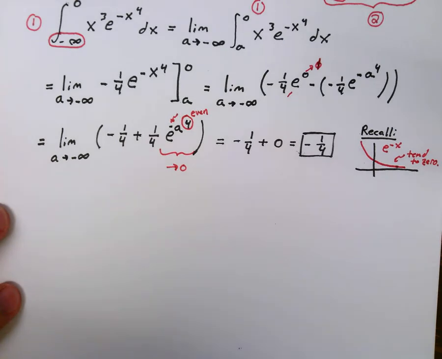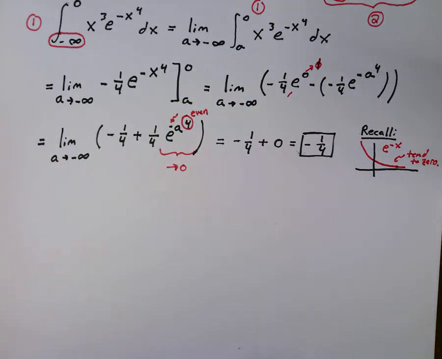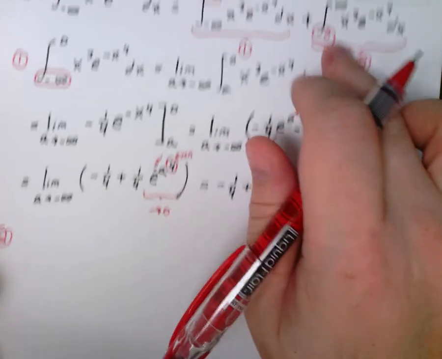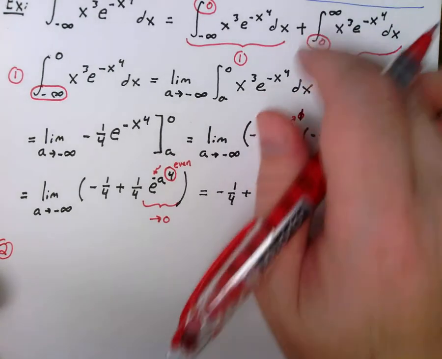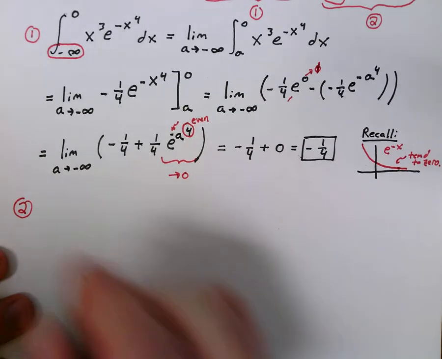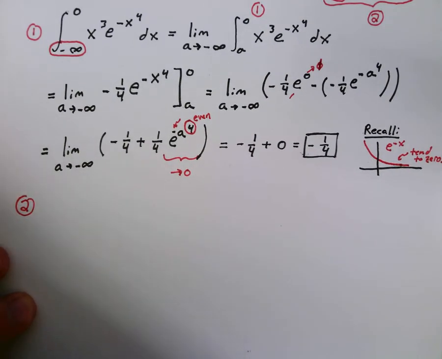Now the second piece, I'm not going to have to do all this again because I can sort of cheat a little bit if you recognize some things. Now you can integrate it from 0 to infinity, and I'm not saying not to do that. You can still do that, but if you notice some neat things about it, it's going to make the problem a lot shorter.